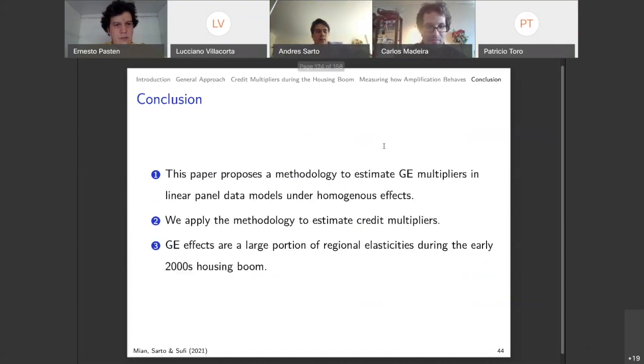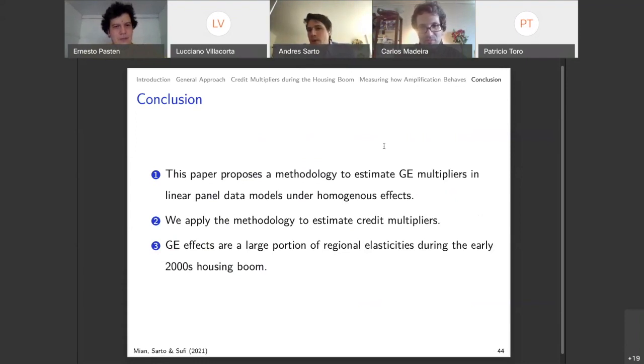So let me stop here. I'm 2 minutes above the timing, I should have left 5 minutes. Just to conclude, a methodology to estimate G multipliers. Hopefully the notation made you think about a paper or a setup where these assumptions could be satisfied and you could apply this in a straightforward manner.